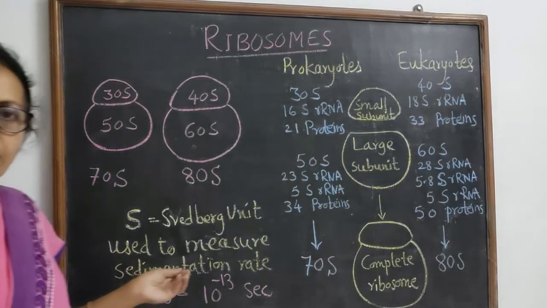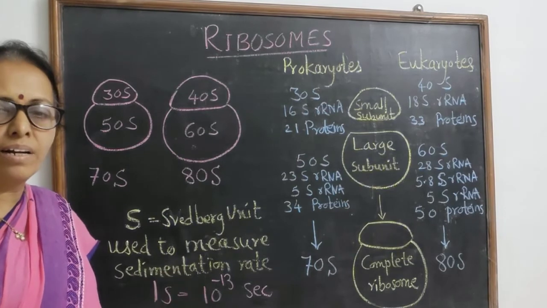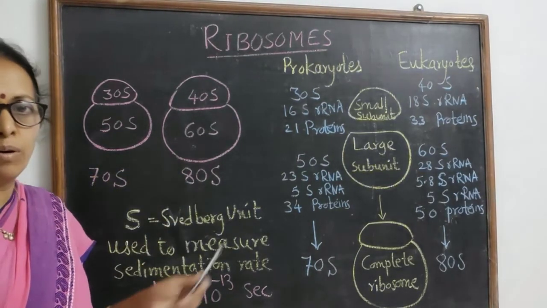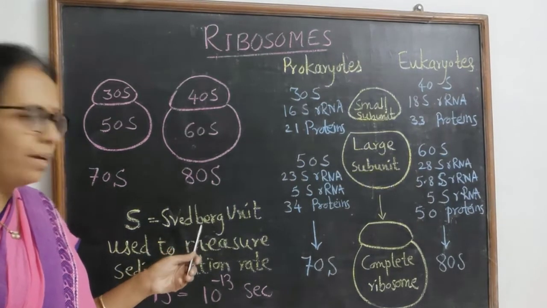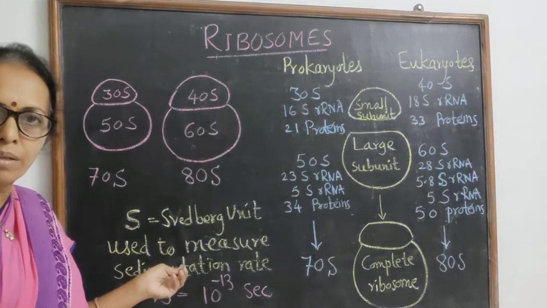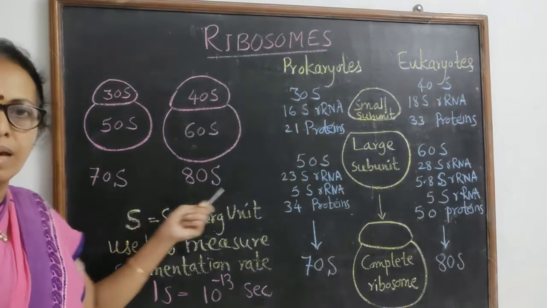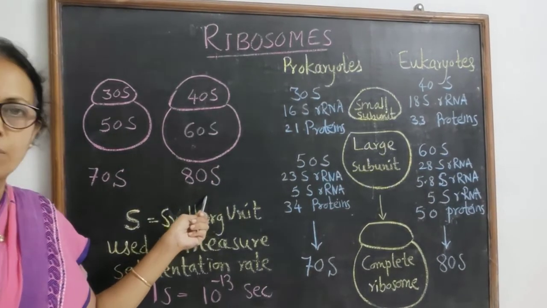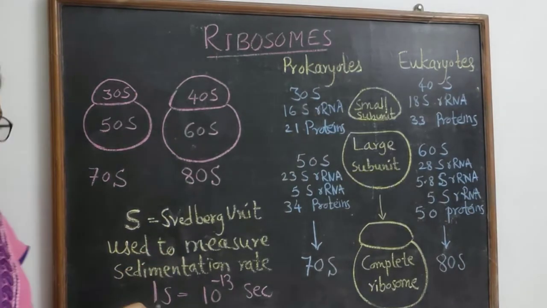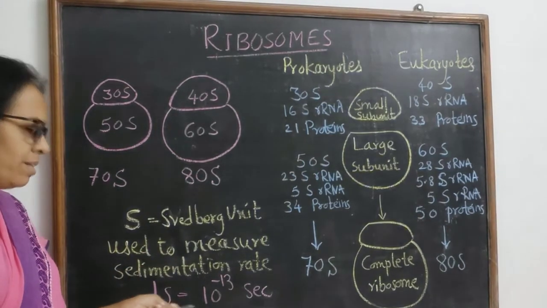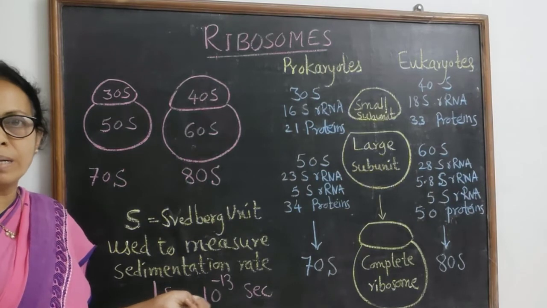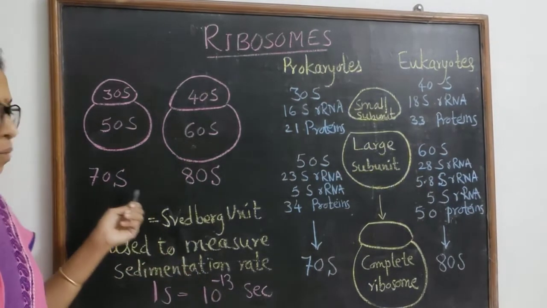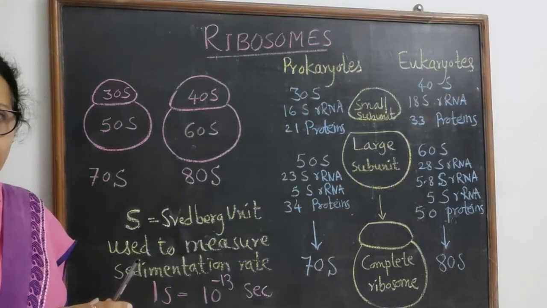When they undergo ultracentrifugation, they settle according to their density, and that sedimentation rate is indicated by S, that is 70S and 80S ribosomes. 1 Svedberg unit is equal to 10 raised to minus 13 seconds. That is the sedimentation rate of that particular particle.